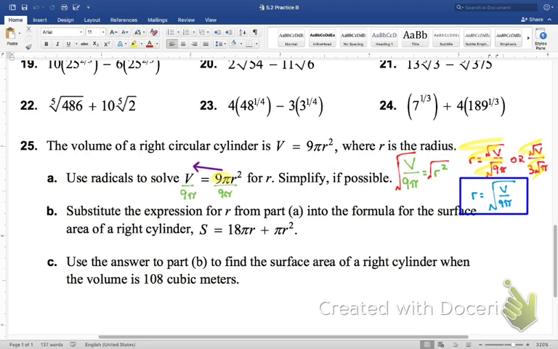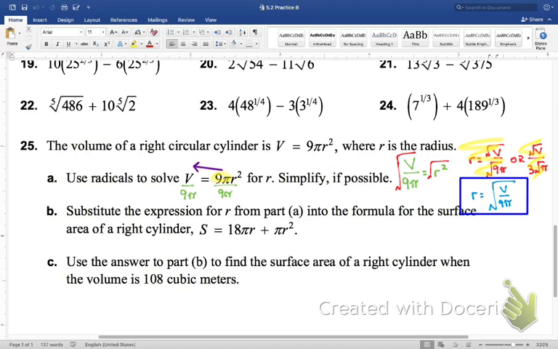Okay. So now on B, it says substitute the expression for r into the formula for surface area. So that means every time you see an r, you're going to have the square root of V over 9 pi.